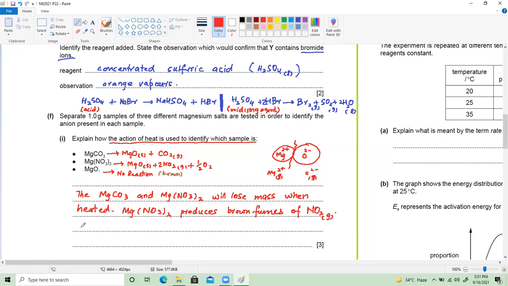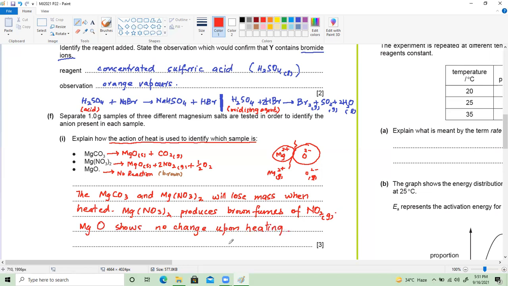And what about magnesium oxide? Magnesium oxide shows no change upon heating.